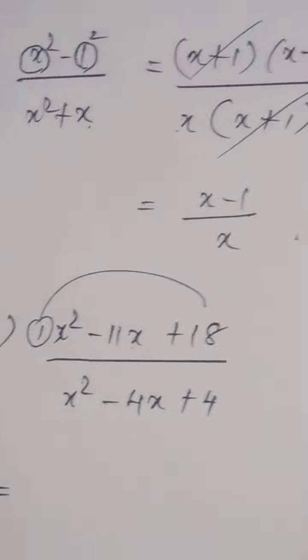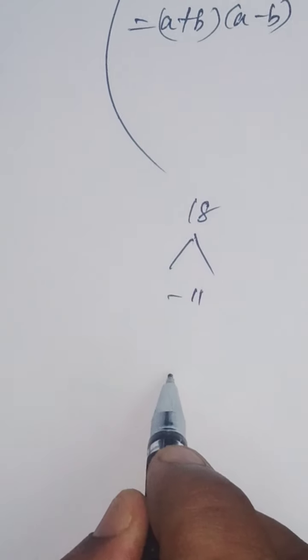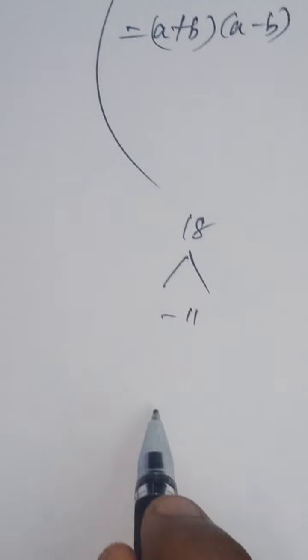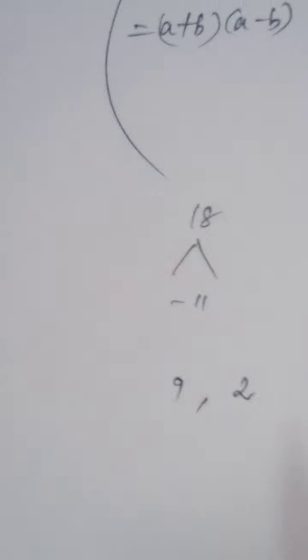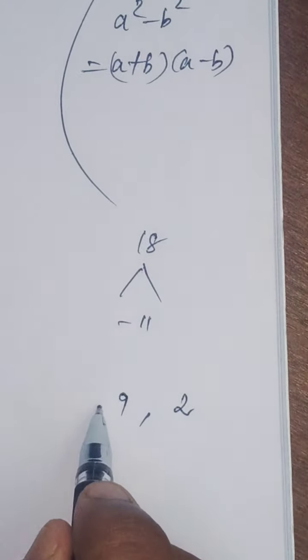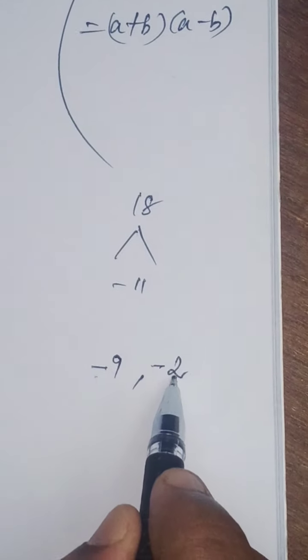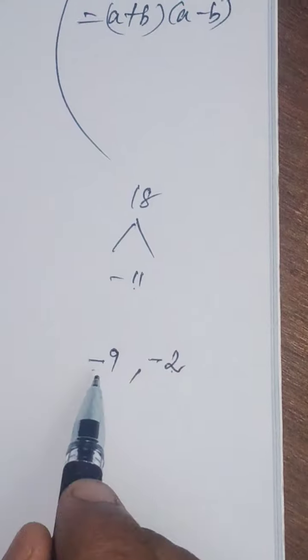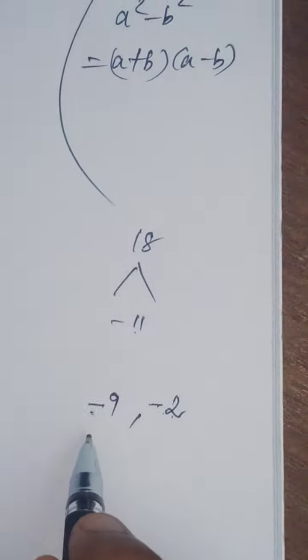Coefficient of x is minus 11. Product 18, sum minus 11, the two numbers are 9 and 2. For getting minus 11, the negative sign is to be introduced for both numbers. Minus 9 minus 2 is equal to minus 11. Multiply the two numbers, minus into minus plus, 9 2s are 18.